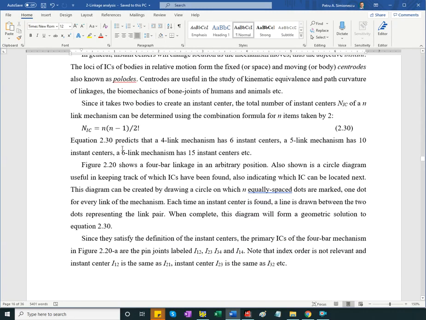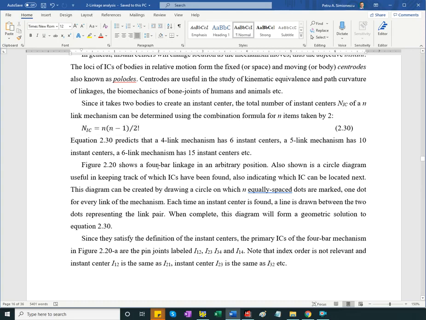Again, in the analysis that we'll be doing, we'll be looking at all instant centers. It is taking all possible pairs of bodies in a mechanism, which means that for an n-link mechanism, we take the combinations of n taken 2 at a time.